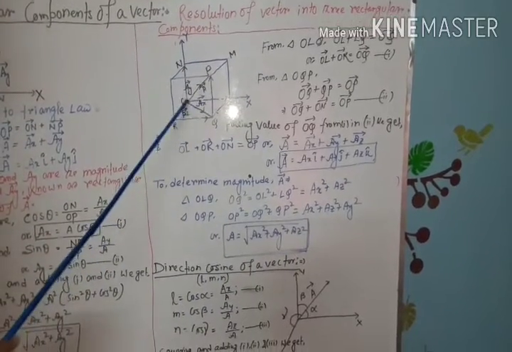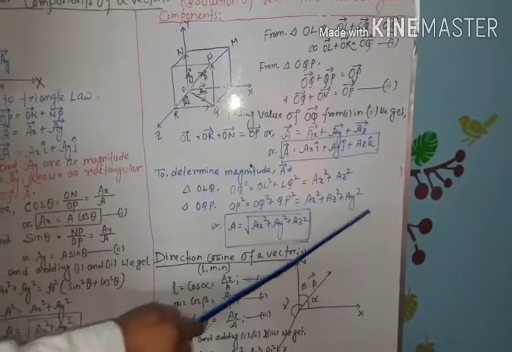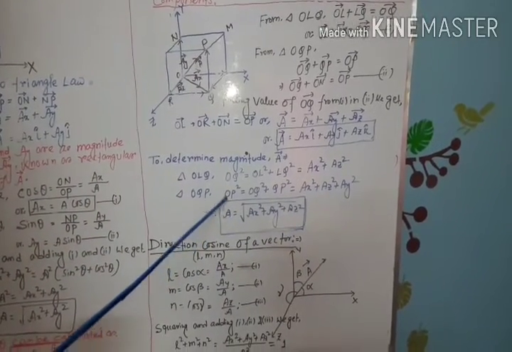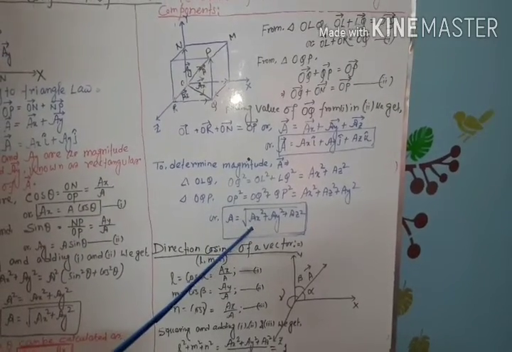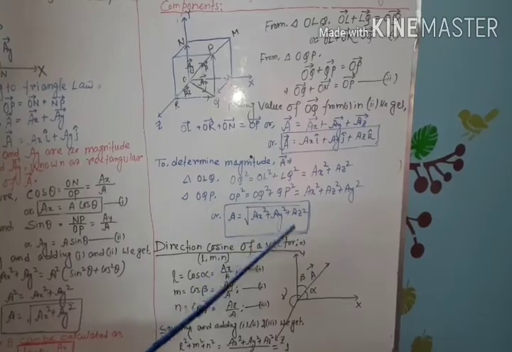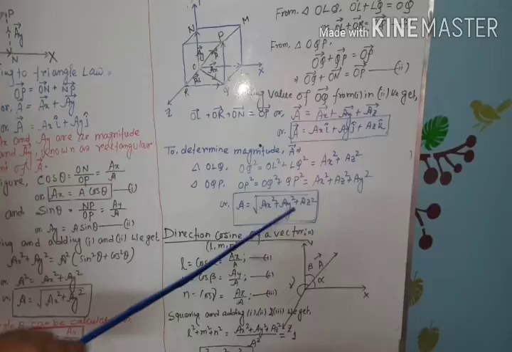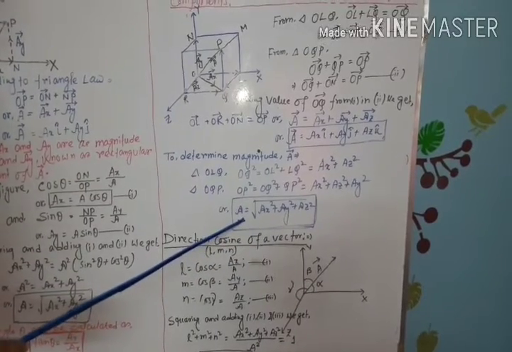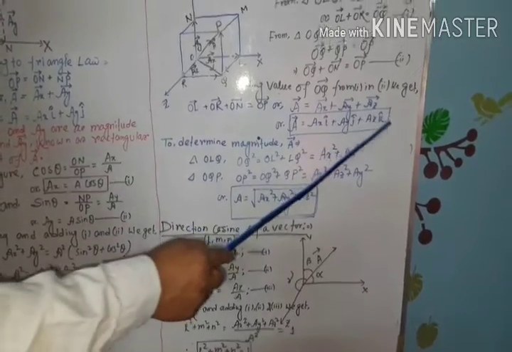QP is equivalent to ON, which is AY. That's why AY square. So OP square means A square, so A equals root over AX square plus AY square plus AZ square. This is the formula for determination of the magnitude of a vector whenever a vector is given in three rectangular components like this.